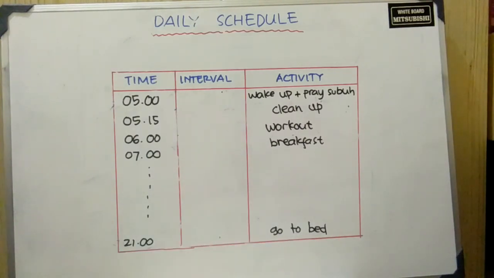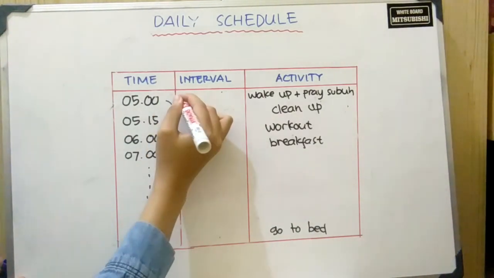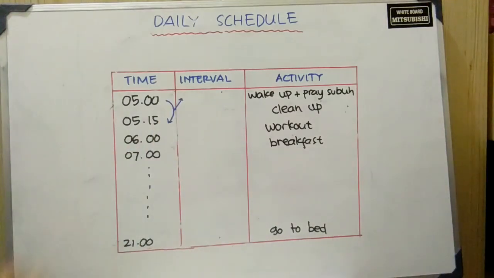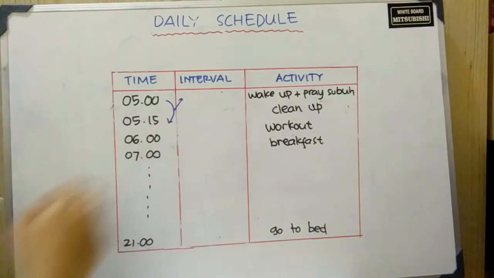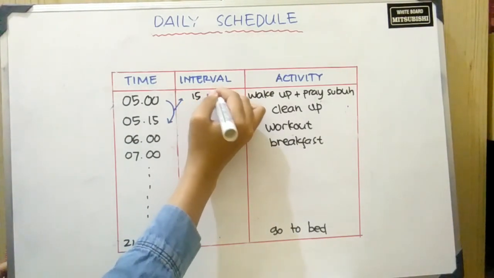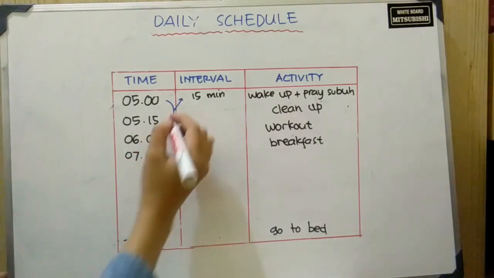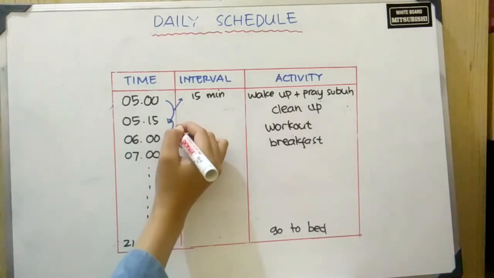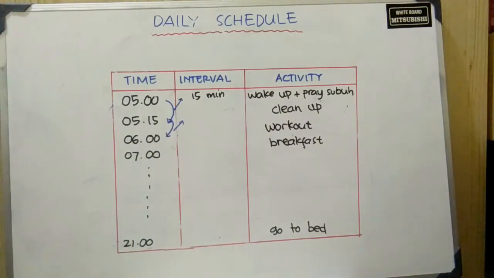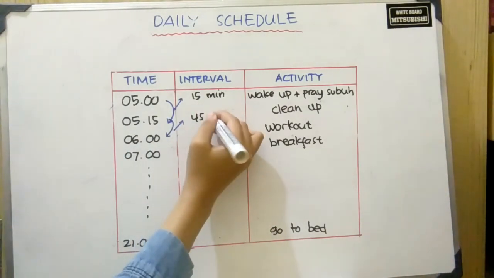Now let me calculate the interval. From 5 to 5:15 you can do step count, or you can do subtraction. From 5 to 5:15 we get 15 minutes. And from 5:15 to 6 we need 45 minutes.